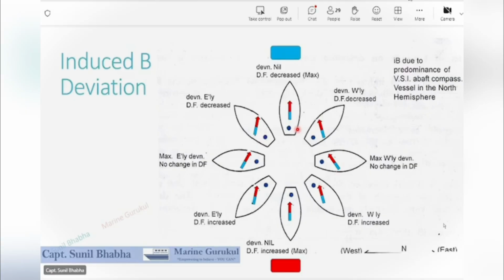So that's why you see that in this deviation diagram, the funnel is considered as the vertical soft iron structure on board, and this particular ship is considered to be in the north hemisphere. In the north hemisphere, the magnetic lines of force go vertically downwards into the surface of the Earth.